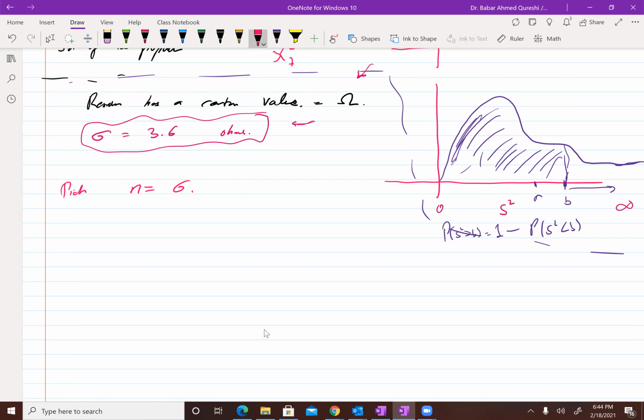So your population variance is this, and you want your sample variance to be within some number.